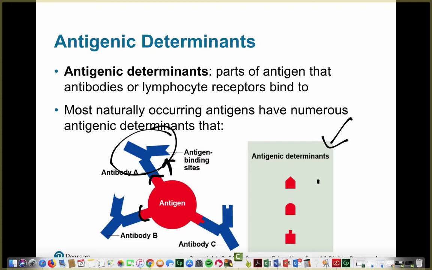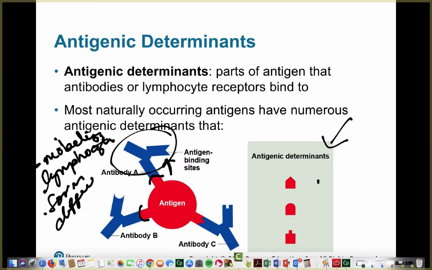They can mobilize different lymphocytes, and they can also help to form different kinds of antibodies against them.